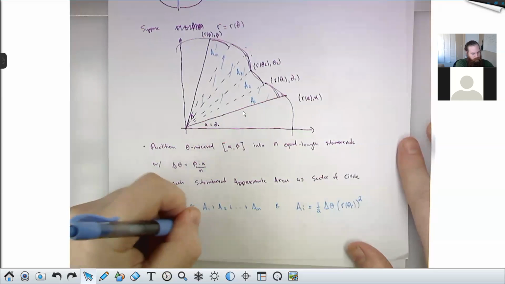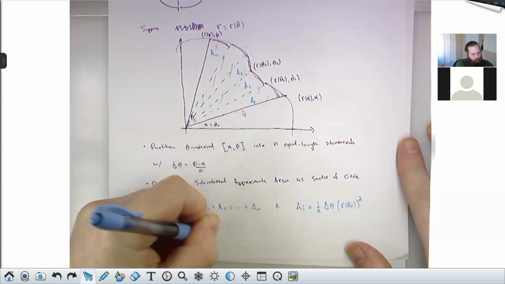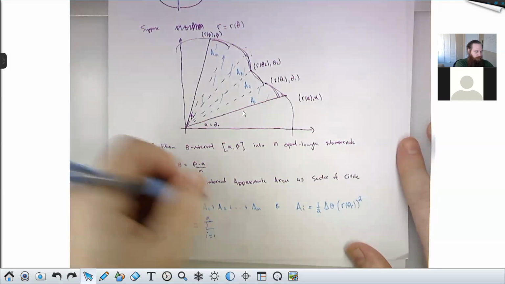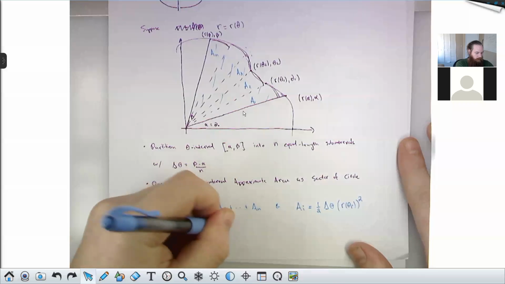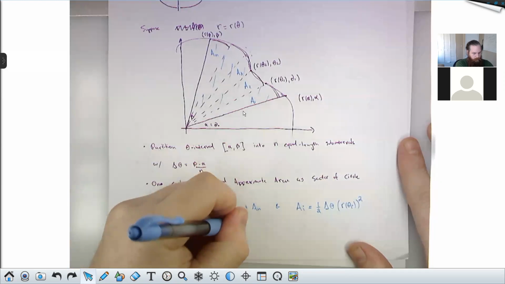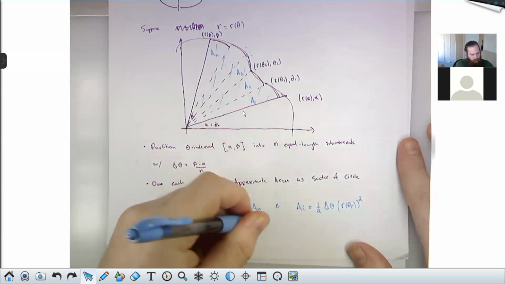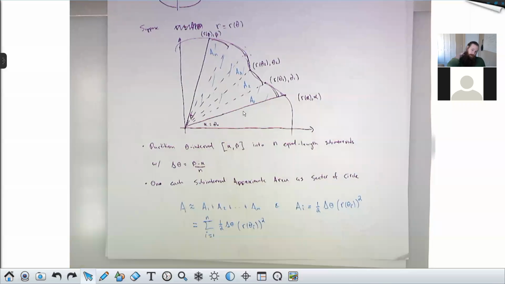So this approximate area can be written as the sum i from 1 to n, 1/2 delta theta times r of theta i squared, which is a Riemann sum.